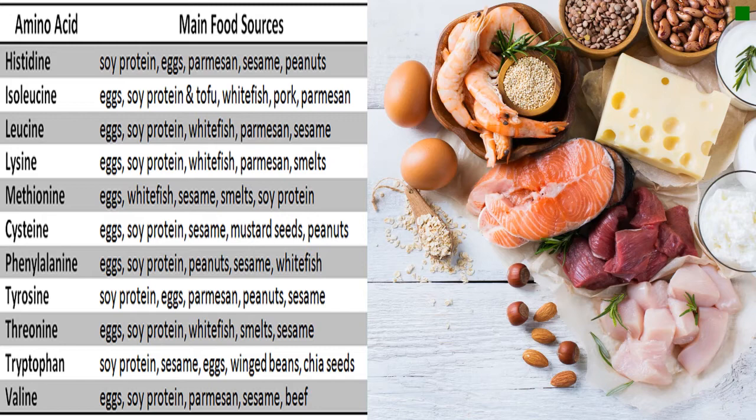For example, for histidine, we need to take soy protein, eggs, parmesan, sesame, and peanuts. The others are isoleucine, leucine, lysine, methionine, cysteine, phenylalanine, tyrosine, threonine, tryptophan, and valine. Those are what we call essential amino acids, and we need to incorporate them in our diet so that we can have those amino acids in our body.